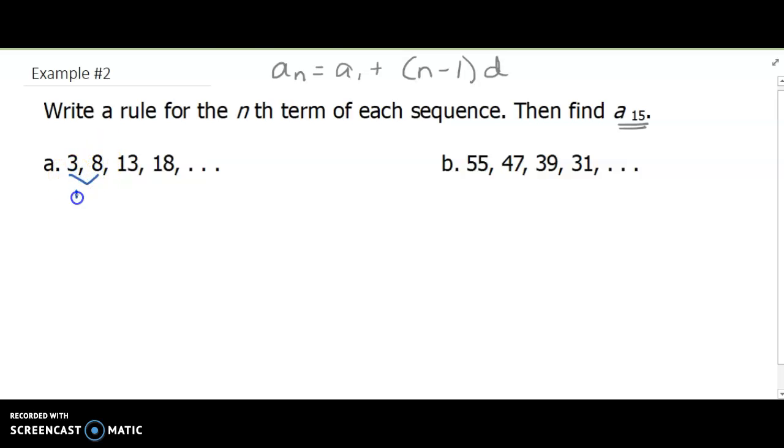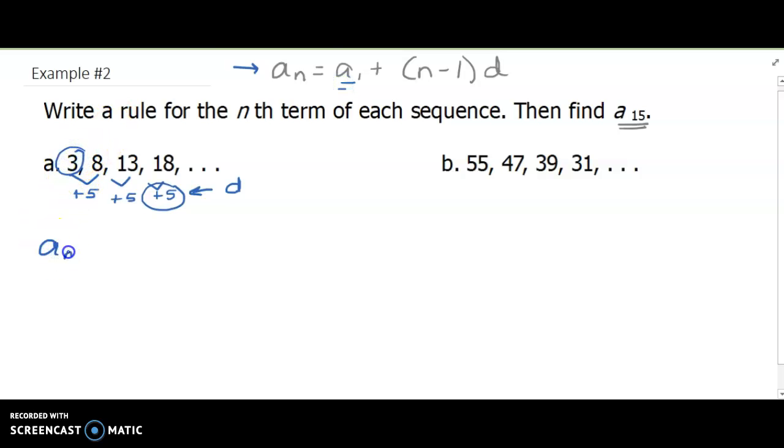So here plus 5, here plus 5, and here plus 5. So this is in fact an arithmetic sequence, and I can put it in this form. So 5 is my common difference, and my a sub 1 is just the first term, which is given right here.